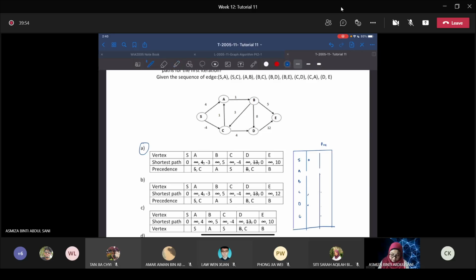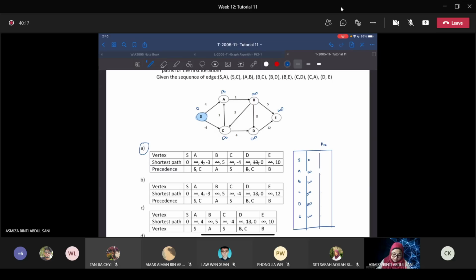We start from S, so S the distance is 0, and the rest is infinity, and we can also update the distance in our table as infinity.